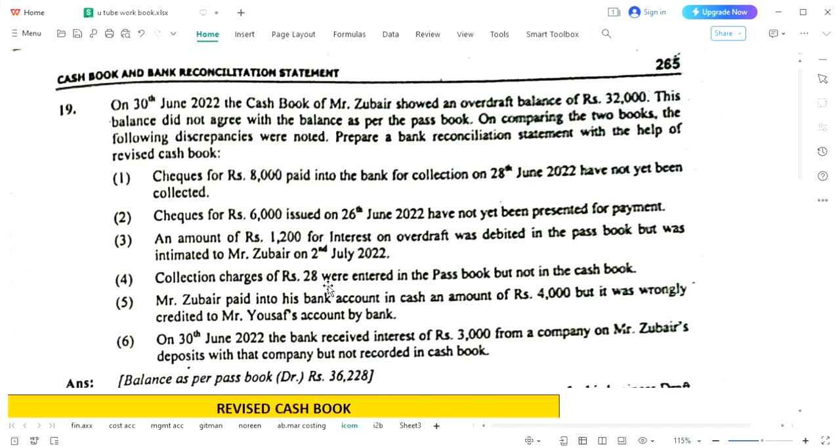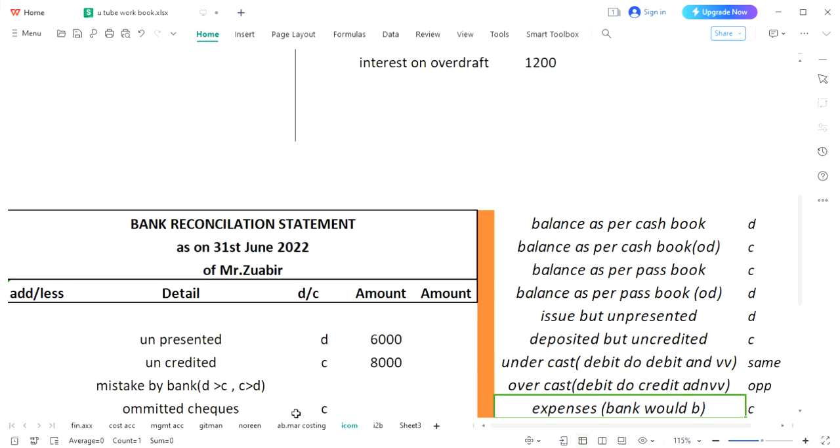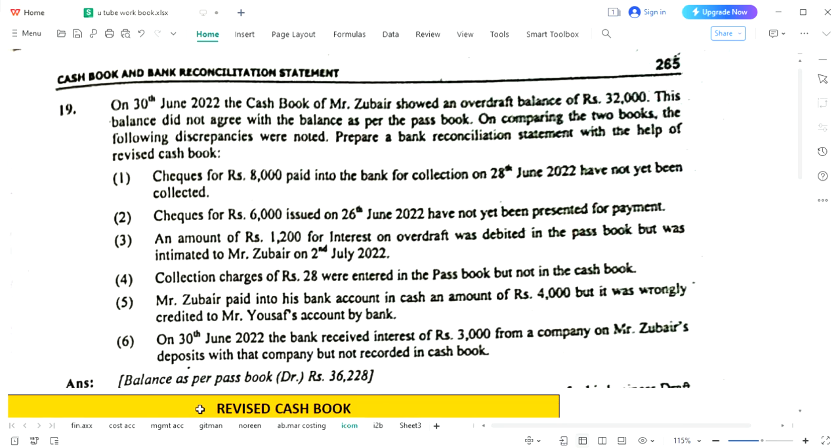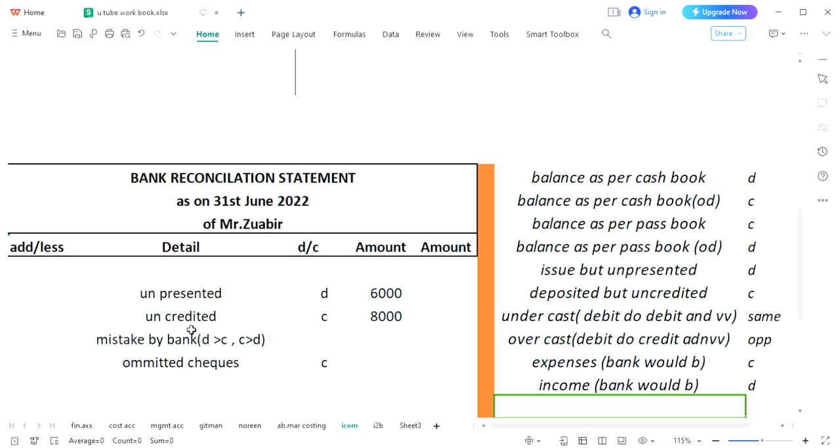Now again question whether we will write it in revised cash book or in BRS. In BRS there are only 4 entries: unpresented, uncredited, mistake by bank and omitted checks. While these charges are not written in BRS, as we have fixed these 4 elements: unpresented, uncredited, mistake by bank and omitted.